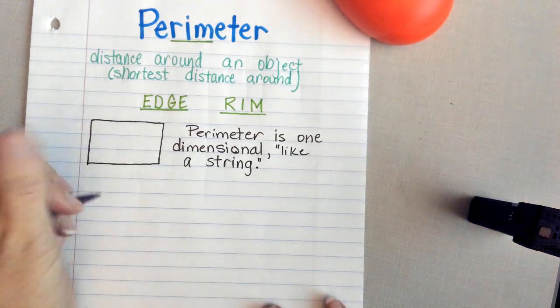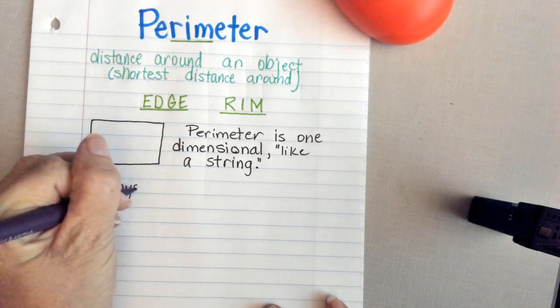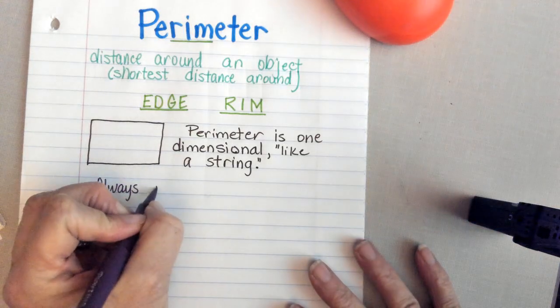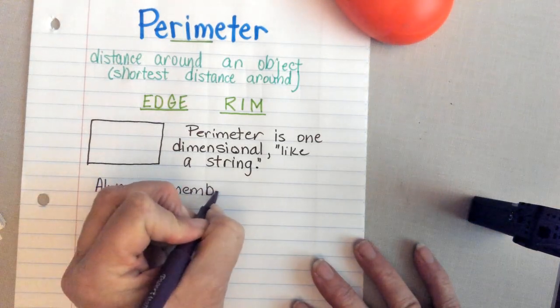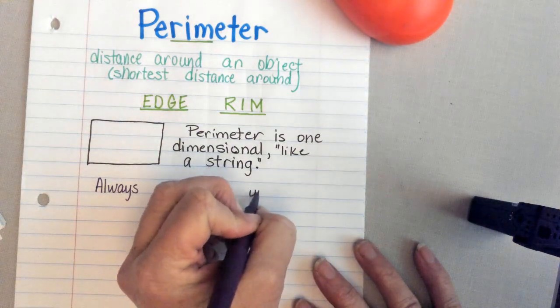So we always want to remember our units because our units tell us not only what unit we're measuring in, but it also is going to give us an idea of what kind of measurement we're looking at. So again, as we learn more about perimeter, and then area, and then volume, we're going to be measuring in different kinds of units.